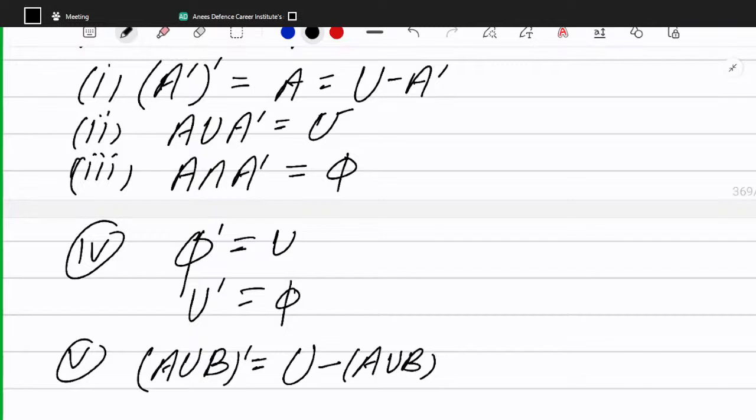Now some important points, which are also known as facts. I'm talking about some facts related to sets.